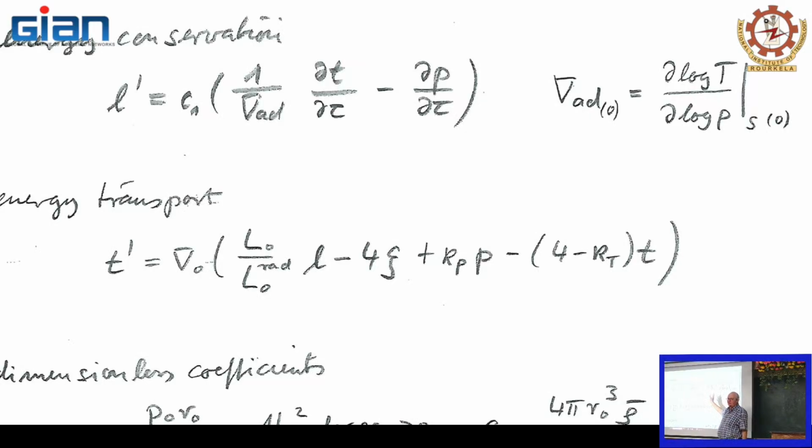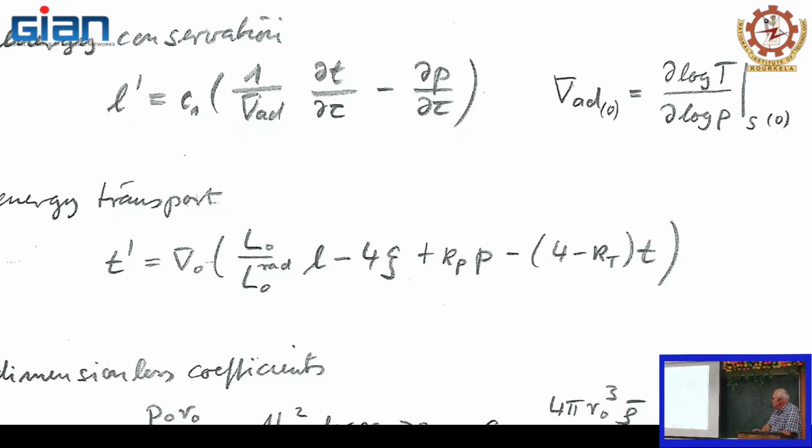So that cancels, and we are left with an equation which acts only on the spatial part of the solution. That means we are left with an ordinary differential equation which only refers to the spatial coordinate.